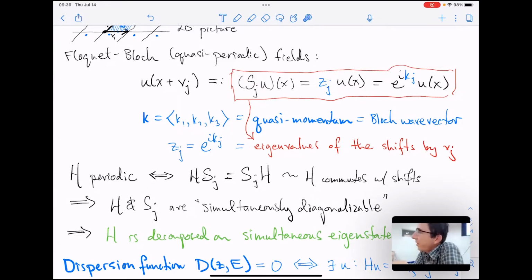And then on each one of those spaces of quasi-periodic functions, that Schrödinger operator should be invariant because it commutes. And so we look for the eigenvalues of the Schrödinger operator on each one of those subspaces and thereby get simpler problems for the Schrödinger operator by decomposing it onto the subspaces of the shift.